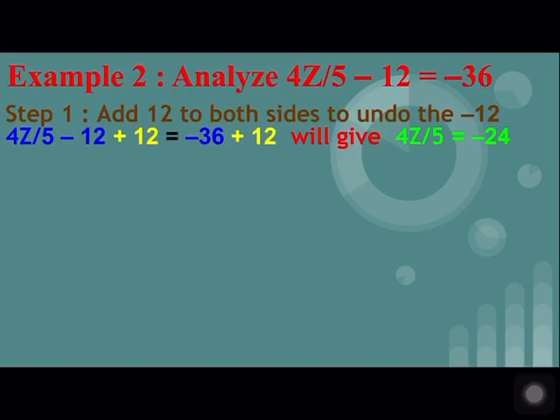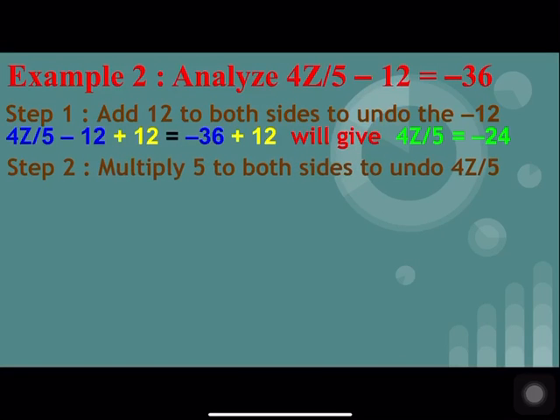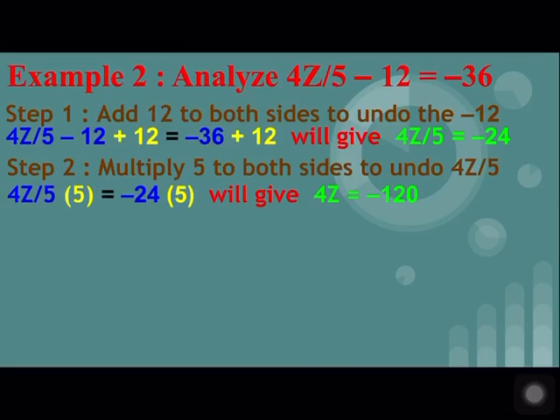And then negative 36 plus 12 will give us negative 24. Then the next step is to multiply both sides by 5 to undo the division by 5. So 4z over 5 times 5 will give us 4z because 5 over 5 is equal to 1. And negative 24 times 5 will give us negative 120.